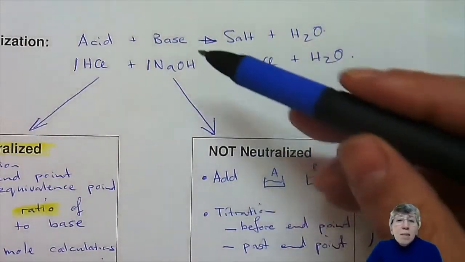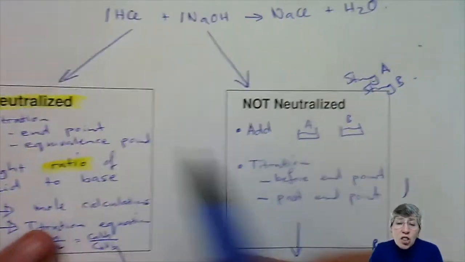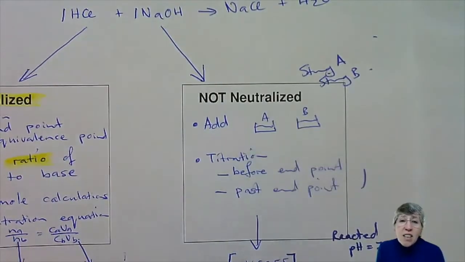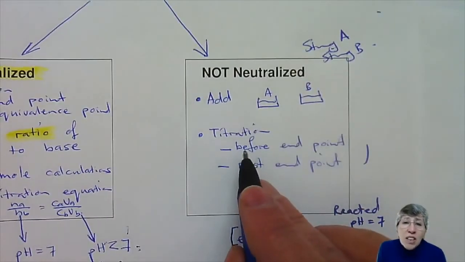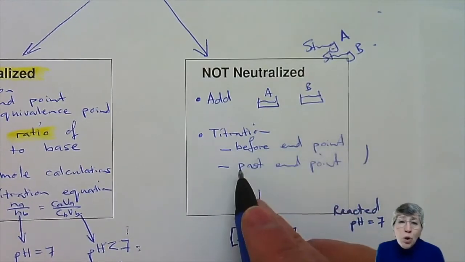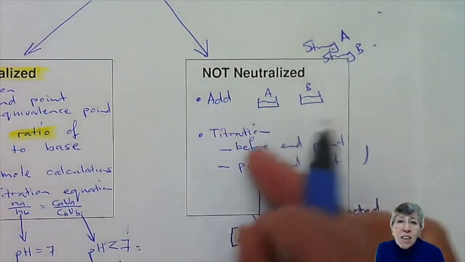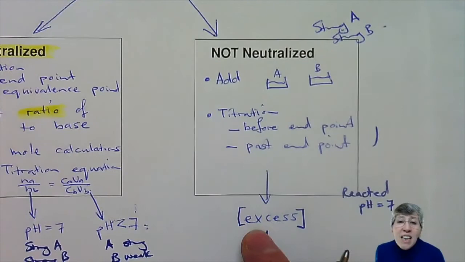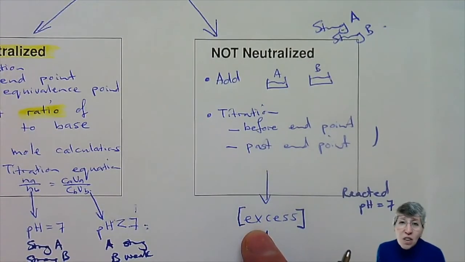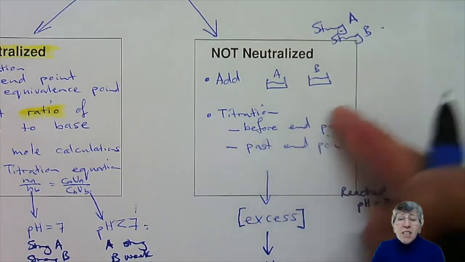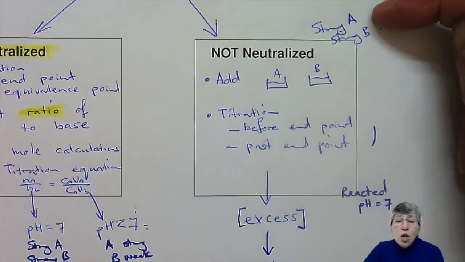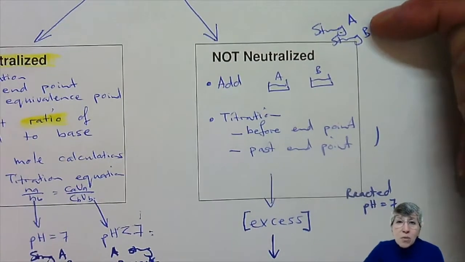Right, now sometimes when it's not neutralized, when they just add things, or you are not yet at the end point, or you've passed the end point, then there is something that is in excess. They're not in the right ratio. And this, they will always only ask for strong acids and bases, right?